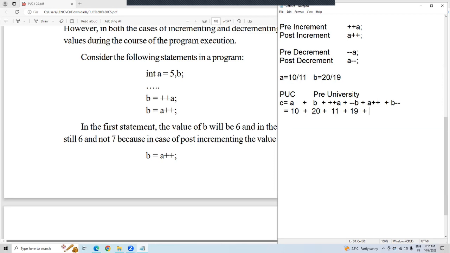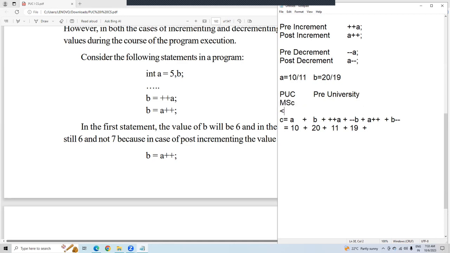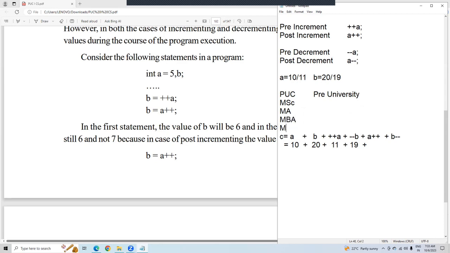And a plus plus means post-increment. Post-increment means what? Post means what? Afterwards. You know, when students do MSc, MA, MBA, MCom, these are all PG courses.